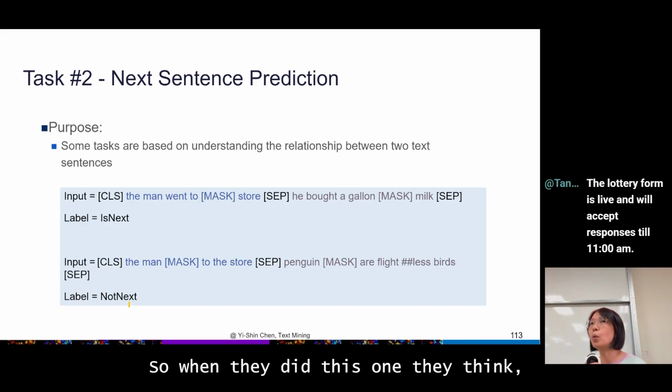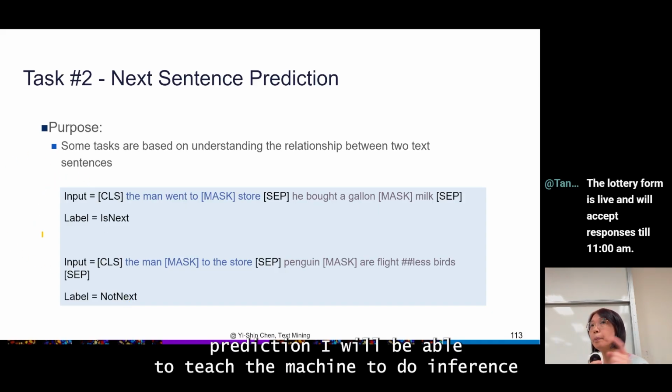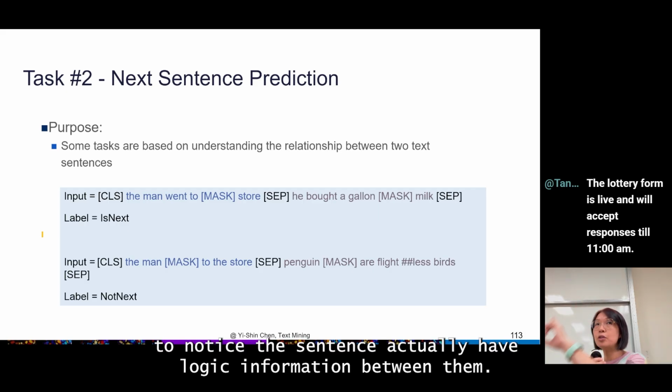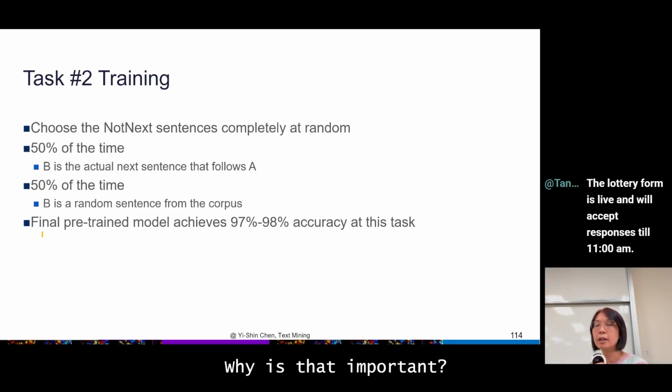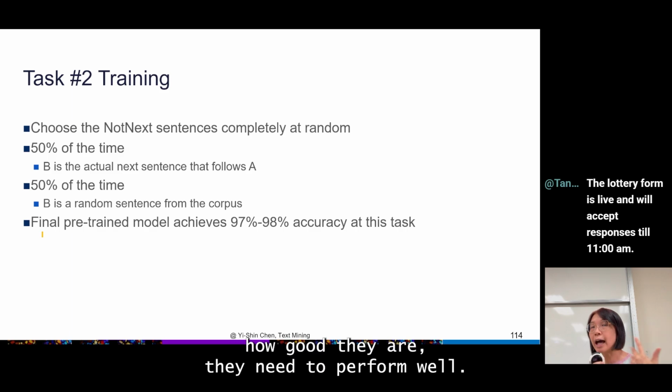When they did this, the inventors thought that by having next sentence prediction, they would be able to teach the machine to do inference, to know that sentences have logical information between them. Why is that important? Because later on, when they try to measure how good the model is, it needs to perform well.